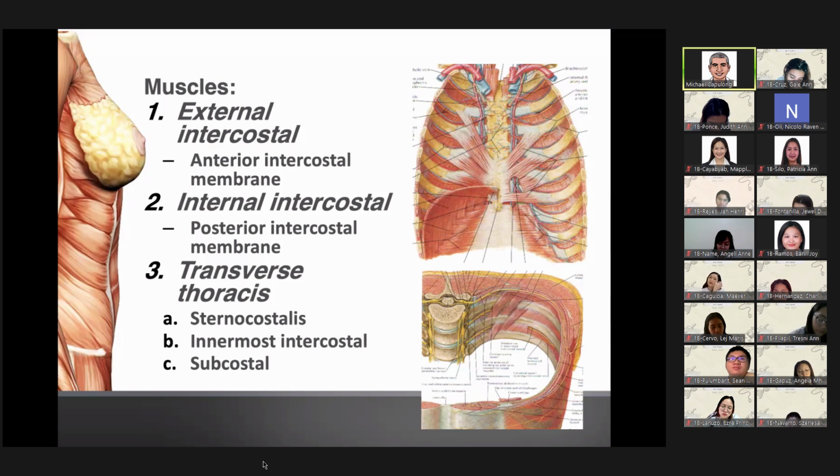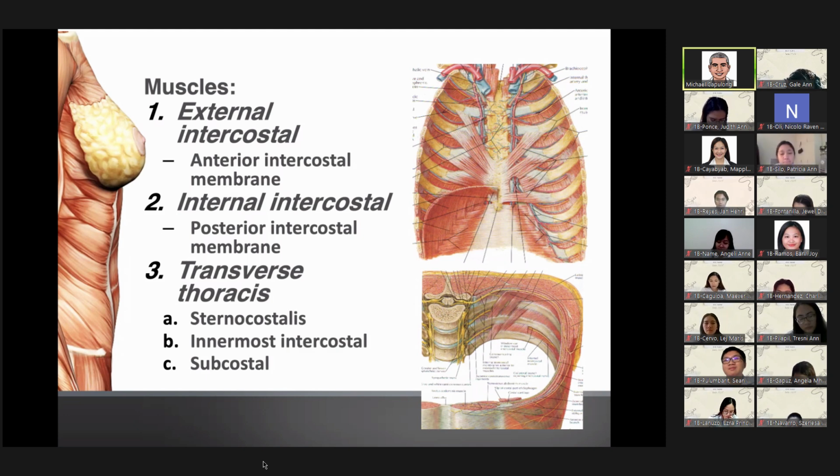Your internal intercostal muscle will be attached to the superior border of the rib below and the inferior border of the rib above. And what is the function of this? The internal intercostal muscle depresses the rib above. So these are actual muscles of respiration. So it aids in respiration.